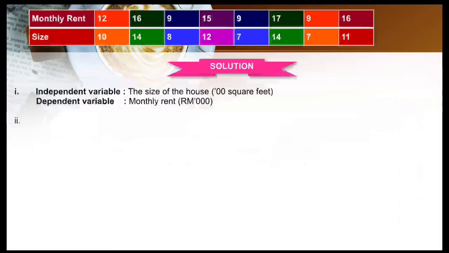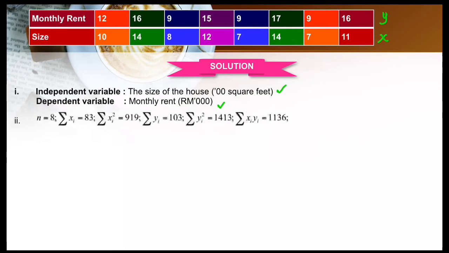Okay, our monthly rent is Y, our size is X. Solution, so independent and the dependent. Right, so in order for us to complete the ANOVA table, we need to complete this one.